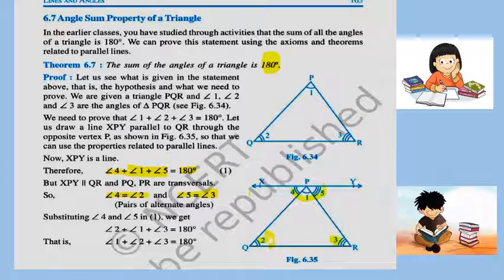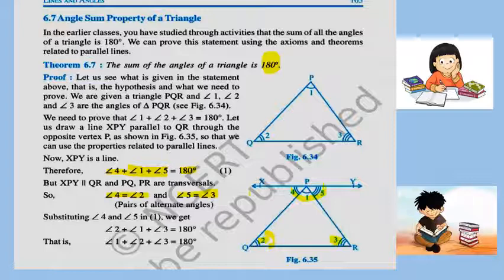What does it become? It becomes angle 2 plus angle 1 plus angle 3 equals 180 degrees. That means if you write in ascending order of angles, angle 1 plus angle 2 plus angle 3 equals 180 degrees, and thus we have proved the sum of the angles of a triangle is 180 degrees.